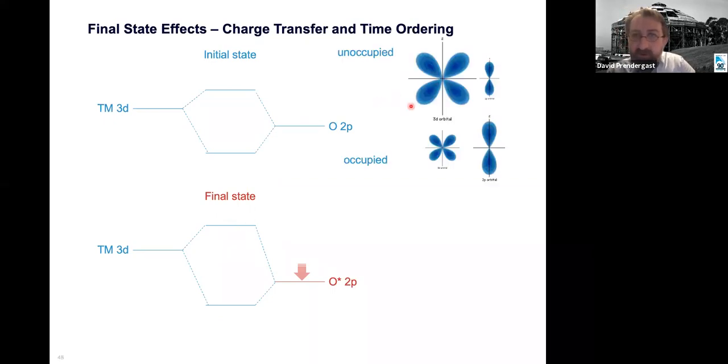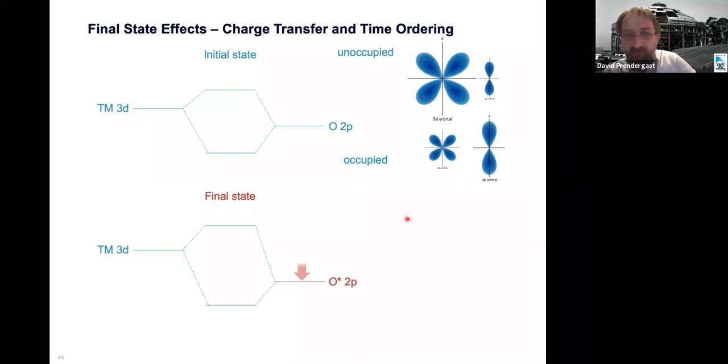Furthermore, if we look at the orbitals themselves, in a quasi-ionic system or a polar system like this, the oxygen has most of the electrons in the occupied orbitals. The transition metal atom is oxidized, it loses electrons. And so what you'd find is that the occupied orbitals are mostly oxygen in character, a little bit transition metal if they're hybridized. And then the opposite is true for the unoccupied orbitals.